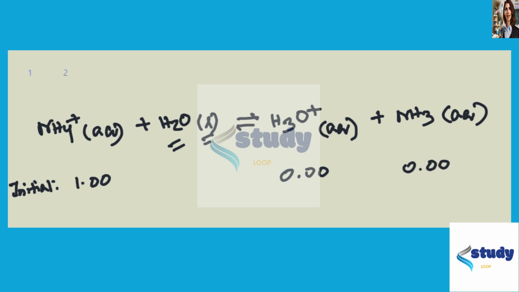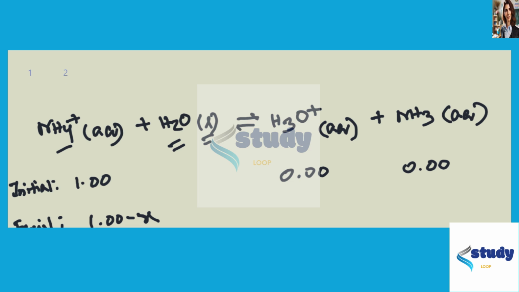Now if we consider that x molar ammonium ion is being dissociated in presence of magnesium hydroxide, then in the equilibrium we will have the NH4+ concentration as 1 minus x.